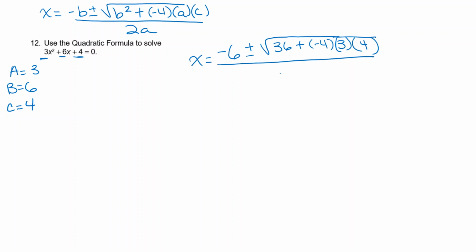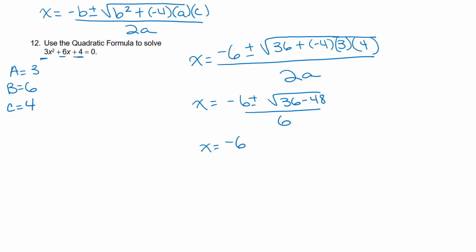All over 2a. So here we have x equals -6 plus or minus the square root of 36 minus 48, all over 6. So now we have x equals -6 plus or minus the square root of -12, all over 6. Now we have to reduce this, so let's make sure we know what our square root of -12 is.